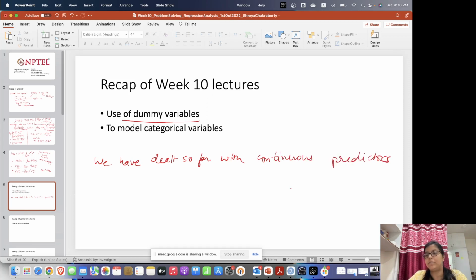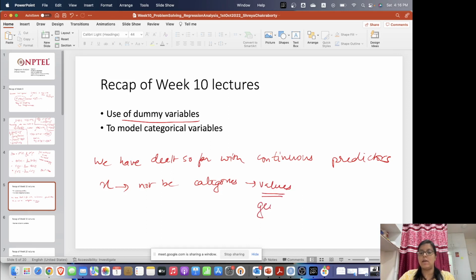Okay, so the x's would not be categories, it would simply be some values. I'm saying this very generally, not scientifically. So we would have 1.2 something, 3.5 something like this x value. So far we have dealt with x's like this.